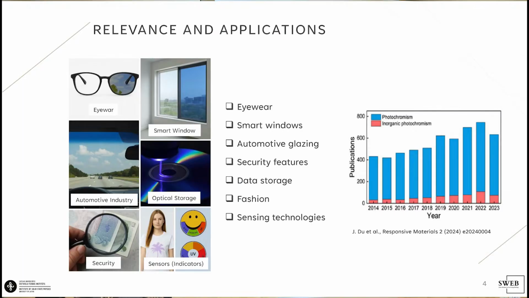Also, the automotive industry is interesting. We could use these coatings for windshields or roofs to increase comfort and also safety during driving.